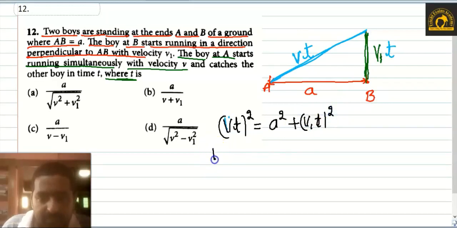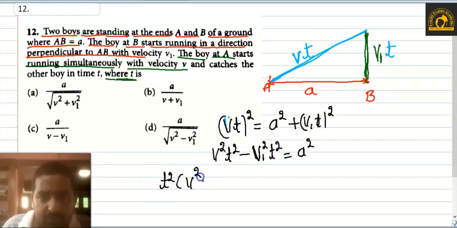So v square t square minus v1 square t square is equal to a square. Then t square is common, and the remaining is v square minus v1 square, which is equal to a square.